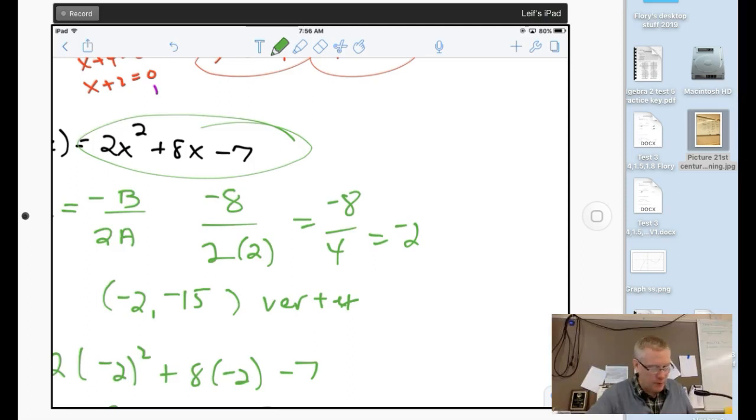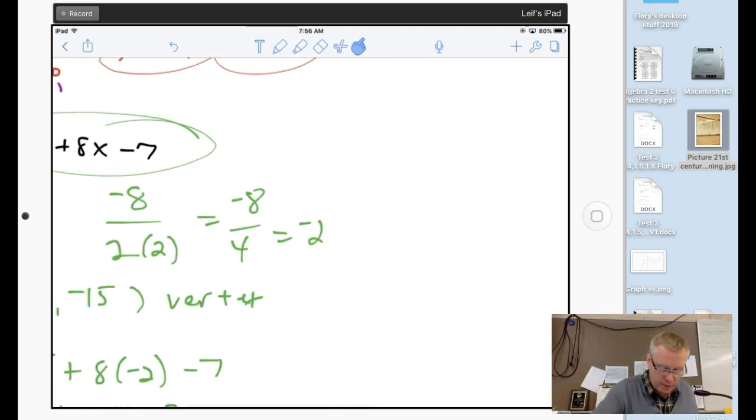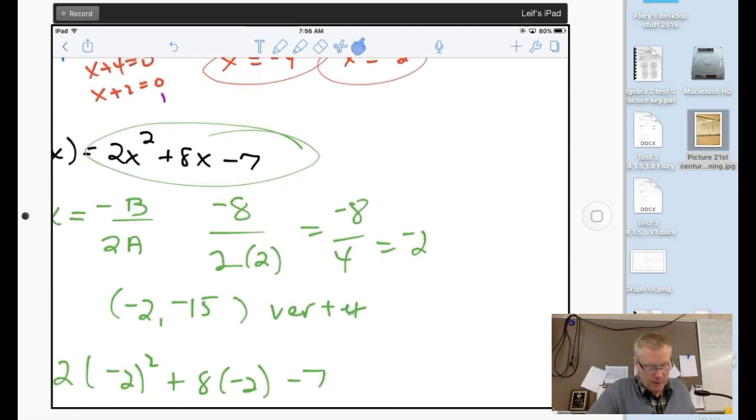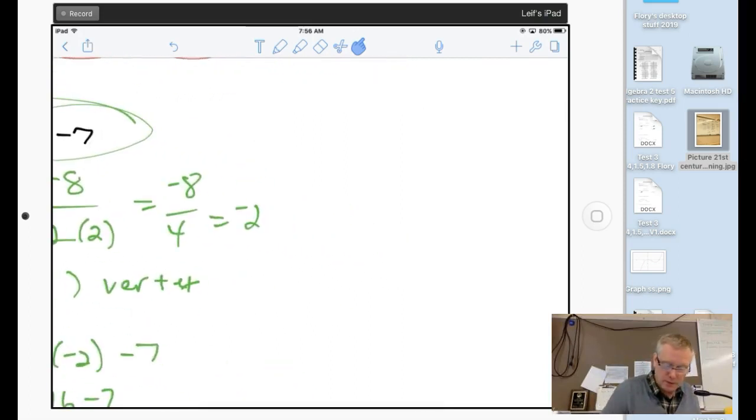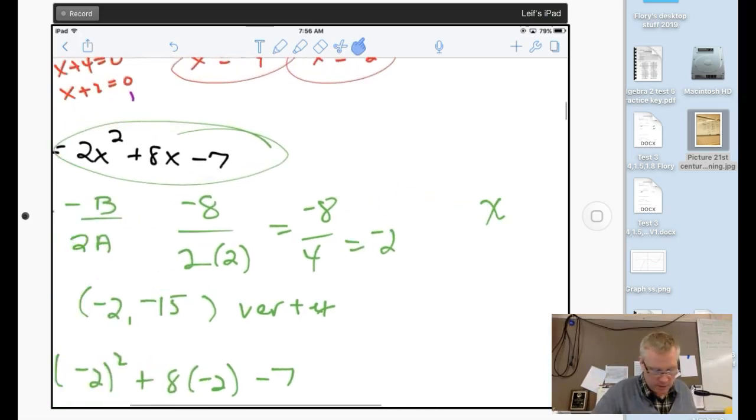All right, now I'm going to do the quadratic formula over here because things that multiply to negative 14 with a 2 in the front look like they're going to be hard. I'm not even thinking of any factors. So remember, the quadratic formula always works, factoring sometimes works.